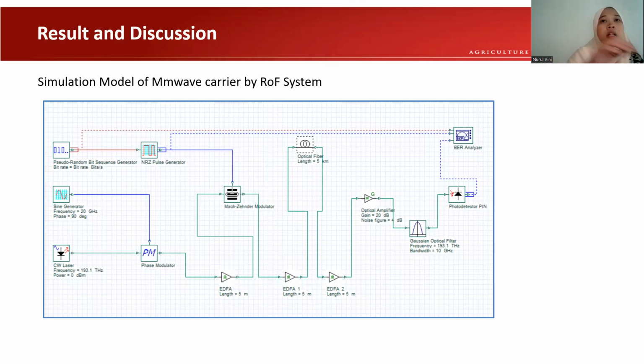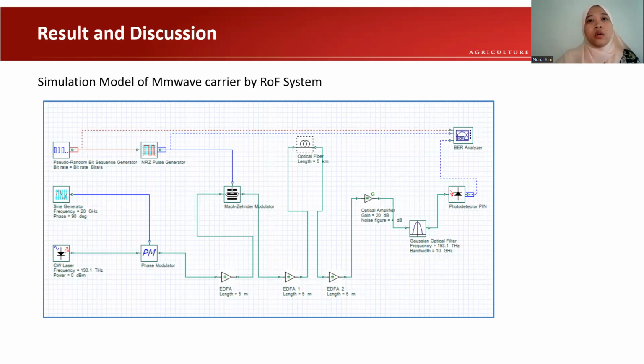The output is fed into the Mach-Zehnder modulator and then transmitted over optical fiber of various lengths. Here I'm using 5, 10, and 15 kilometers, just for comparison.